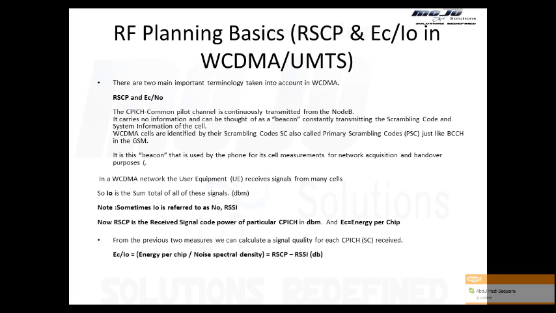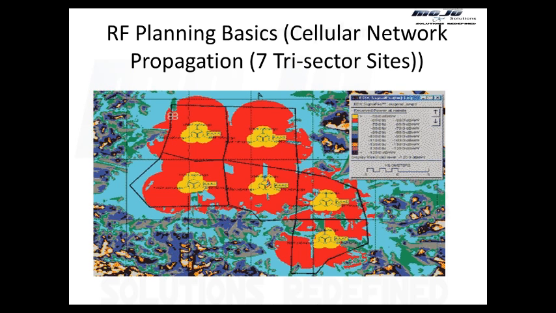Because there is another thing called RSSI. RSSI is the combined signal of all the cells, a combined signal of all the transmitting signals. Because remember, we are talking about a cellular network. Okay, I'm going back to this slide. In a cellular network, if the UE is at a given spot over here, then it's receiving the signal from all these base stations, because all these base stations are transmitting at the same frequency.